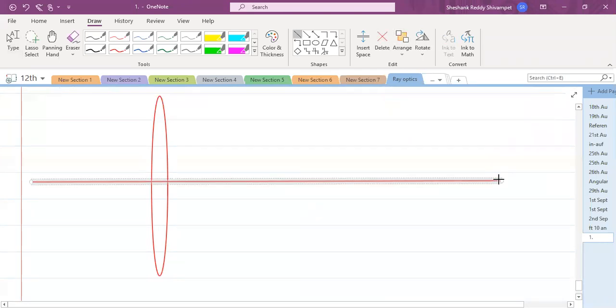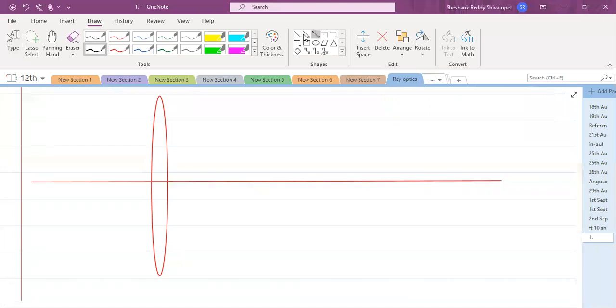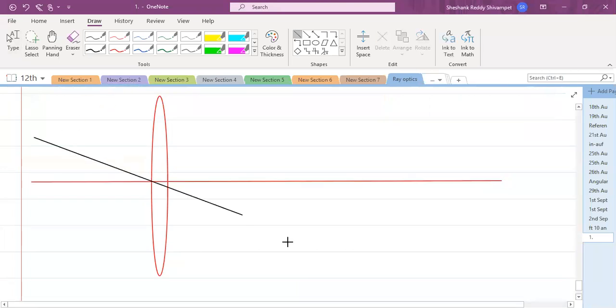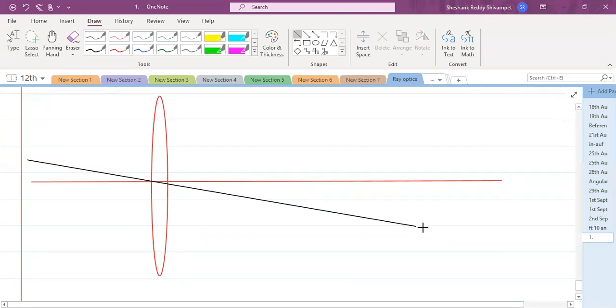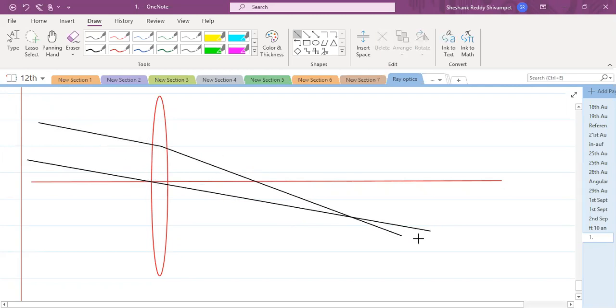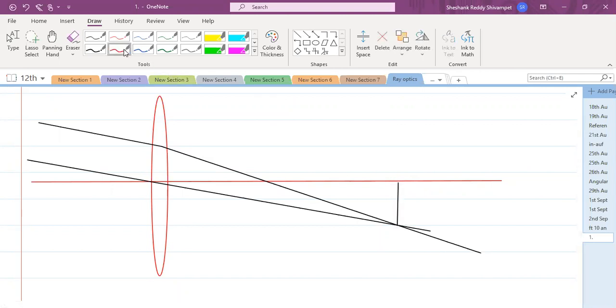And then we have two rays, two incident rays. यहाँ होना चाहिए था इमेज, बट यहाँ नहीं होगा. Then you'll have a concave lens in between.